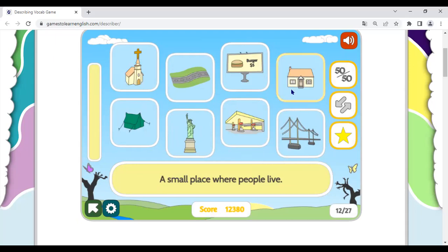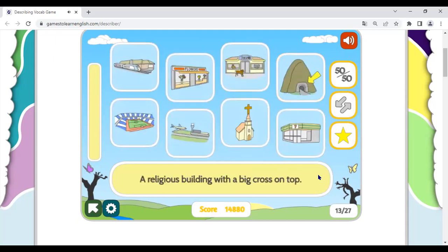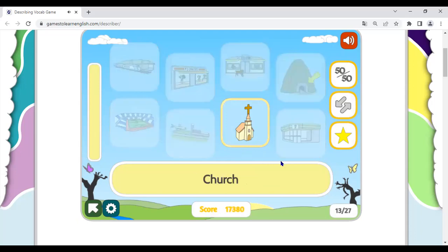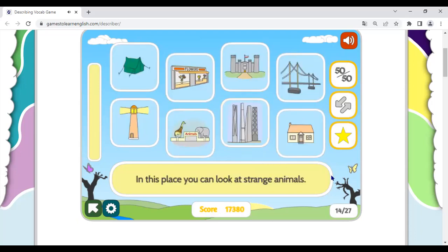House. A religious building with a big cross on top. If you don't remember, say the number. Picture 7. Okay, listen. Church. Yeah, you forgot it? No problem. Come on.